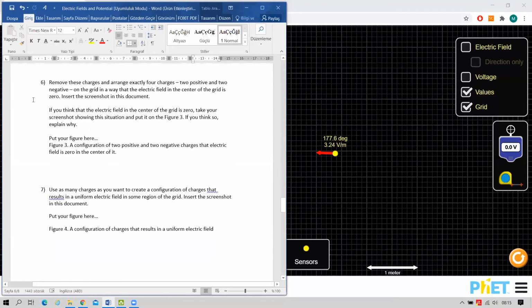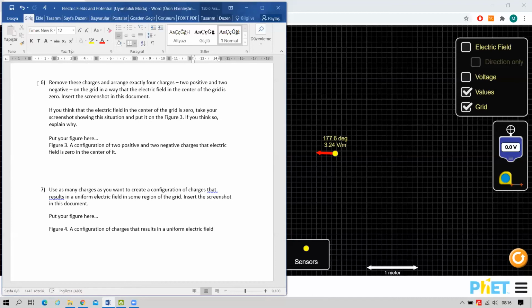Number 6 of part 2 is remove these charges and then arrange exactly 4 charges, 2 positive and 2 negative, on the grid in a way that the electric field in the center of the grid is 0. Insert the screenshot you have taken.